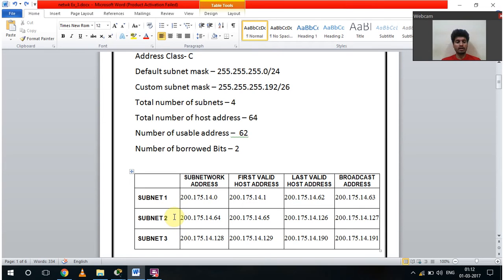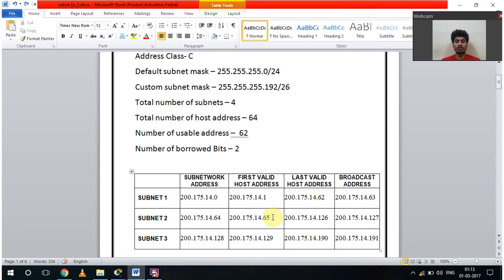The next address will be the subnetwork address for the second subnet, that will be 200.175.14.64, and then the first valid host address for the second subnet will be 200.175.14.65.